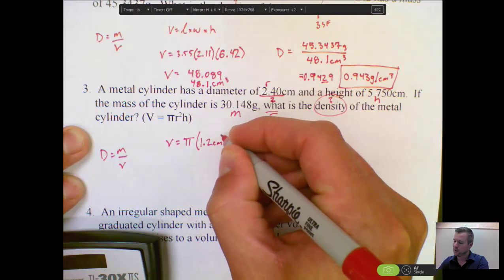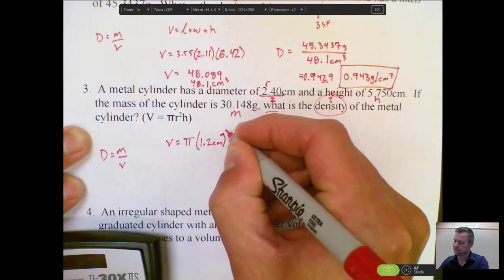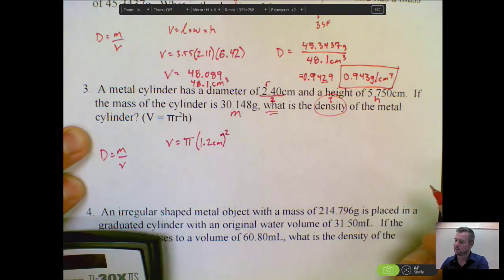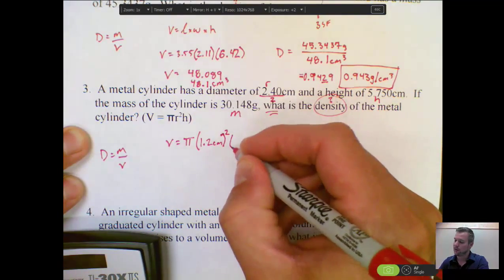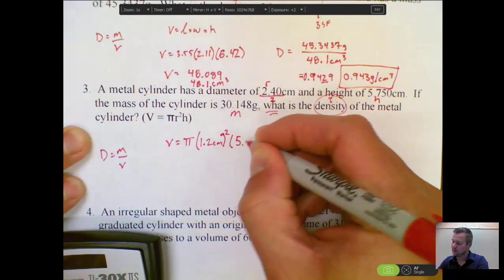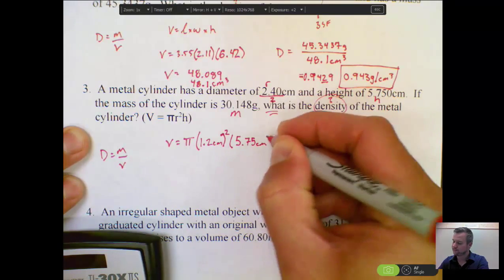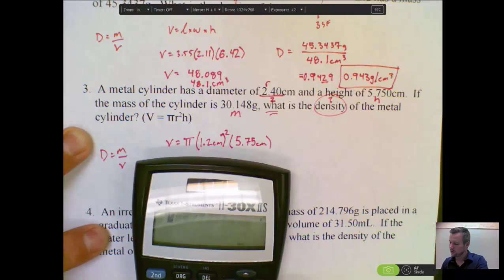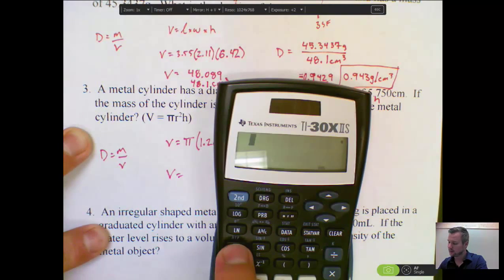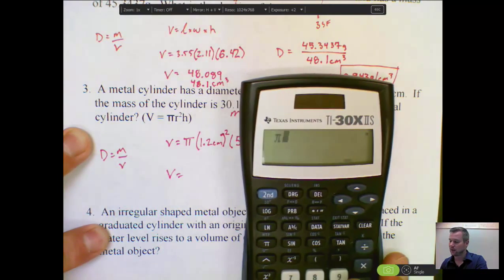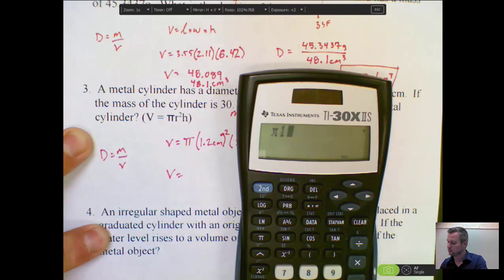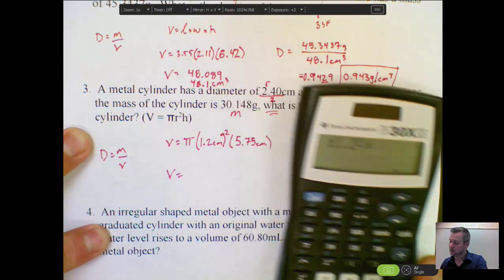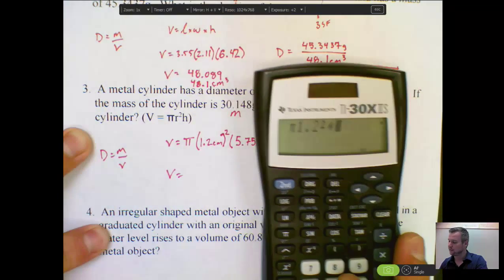We need to square that, as it says in the formula, and then multiply by the 5.75 centimeters. If you do that process, you need to use the pi key, so that's right on your calculator, times the 1.2. You need to square that thing, times the height, which is 5.75.